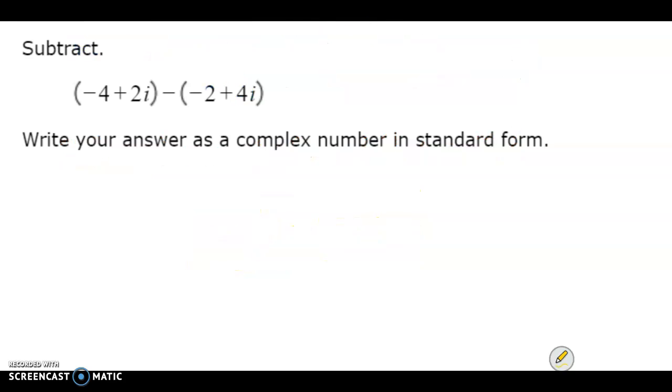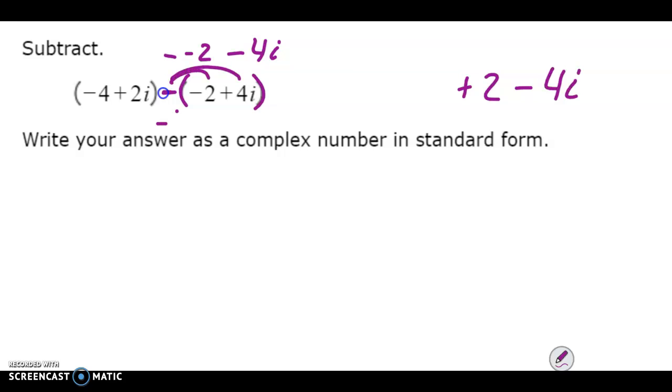Okay, so the next example, one little difference here is that we've got that subtraction happening. So I'm subtracting this entire back binomial. I'm subtracting -2, which is really adding 2, right? And I'm subtracting a positive 4i, which is -4i. So really what's happening is I'm distributing this negative. It's like I'm multiplying everything by -1 before I can actually combine.